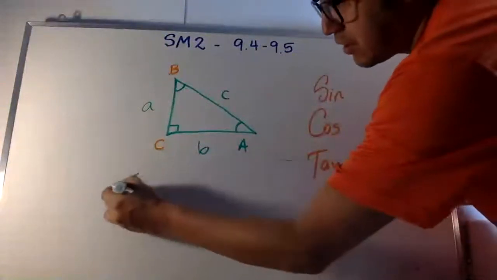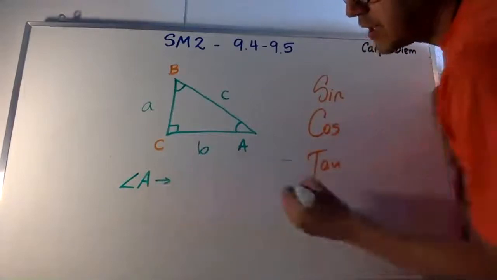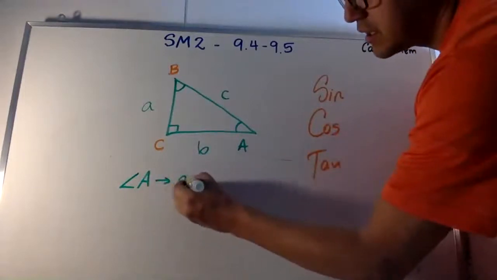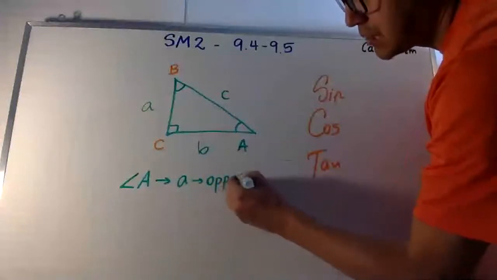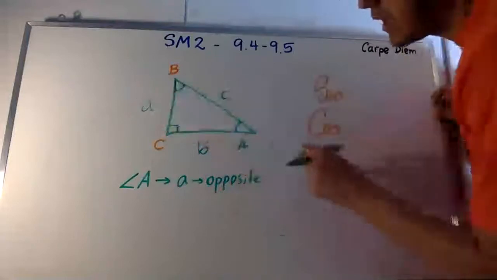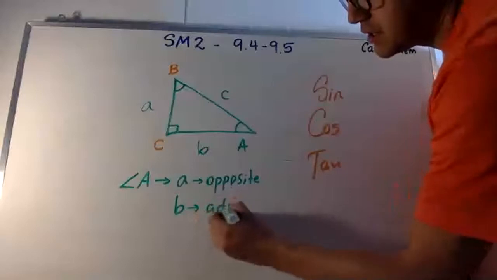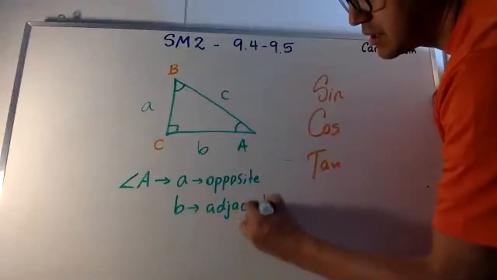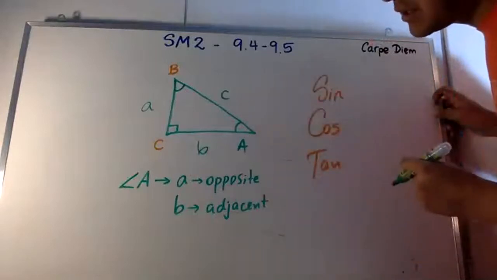If we focus on angle A, the thing to take into account is that A is what we call the opposite segment to angle A, and B is the adjacent segment to angle A. C is the hypotenuse.